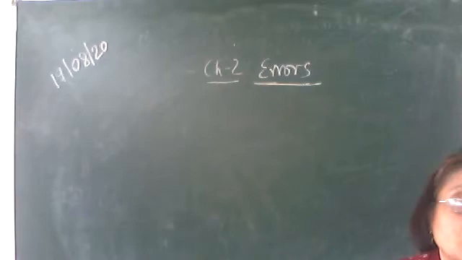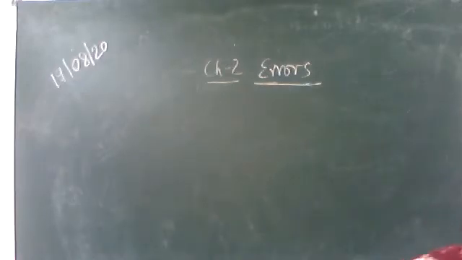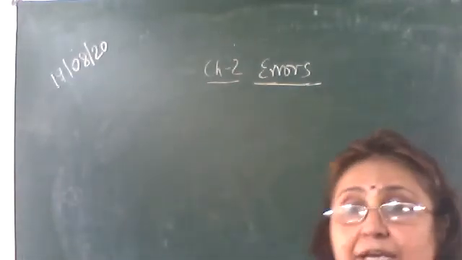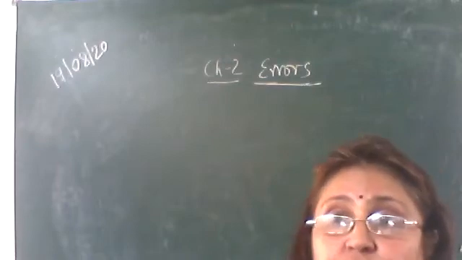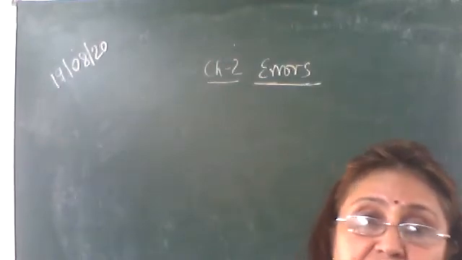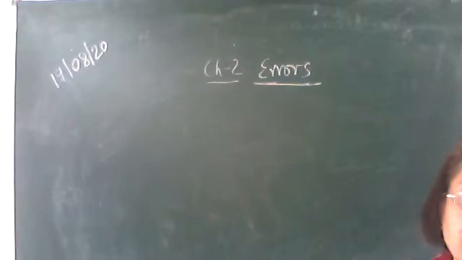Some of the sources of systematic errors are given over here. The first one is instrumental errors. These errors arise due to the imperfect design or calibration of the measuring instrument. Instrumental means the error is in the instrument itself.